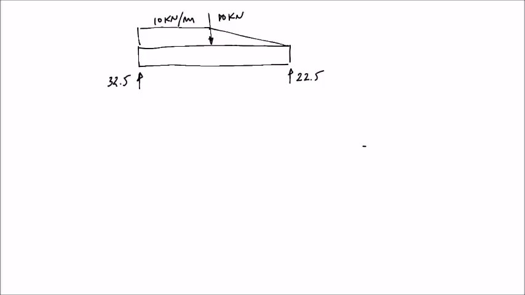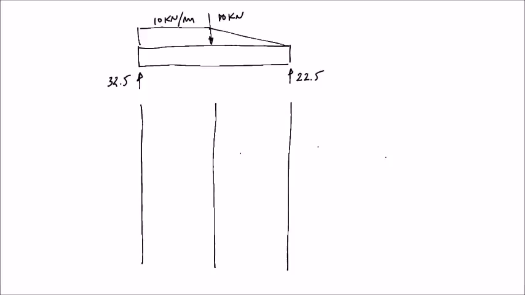Now I'm going to extend these lines, something like this, into two sections, and we are going to plot here the transverse shear force, and here the bending moment. Of course, don't forget that our x starts at point B, so it comes from point B to the left.